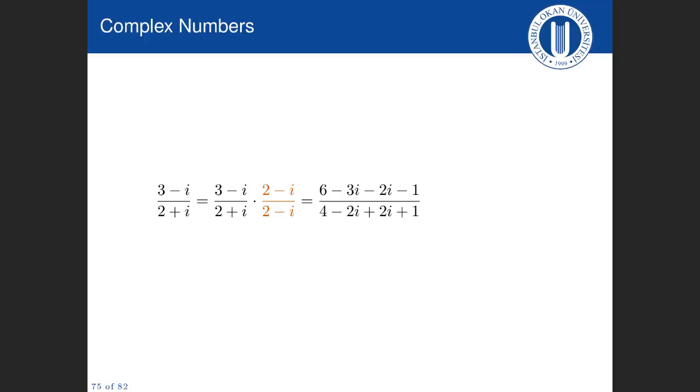And the reason we're doing that is that on the bottom, minus 2i plus 2i will cancel out, and we'll just be left with a number on the bottom, the number 5, a real number. 3 minus i divided by 2 plus i is equal to 1 minus i.